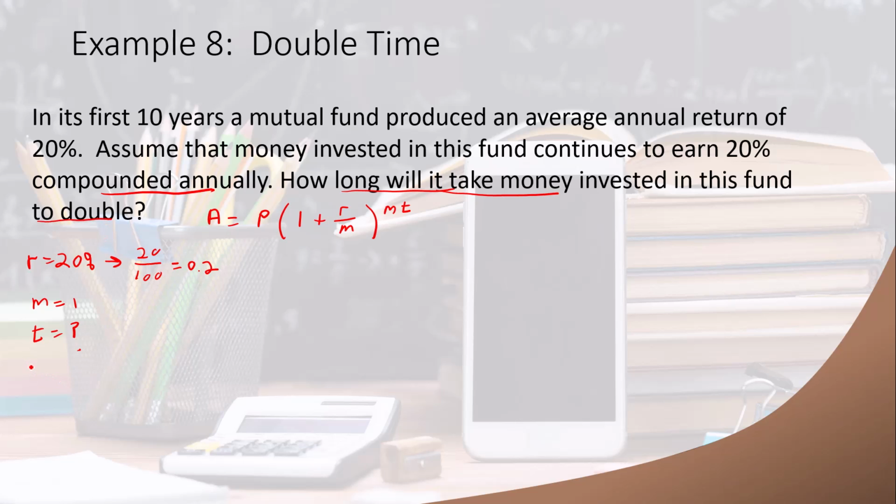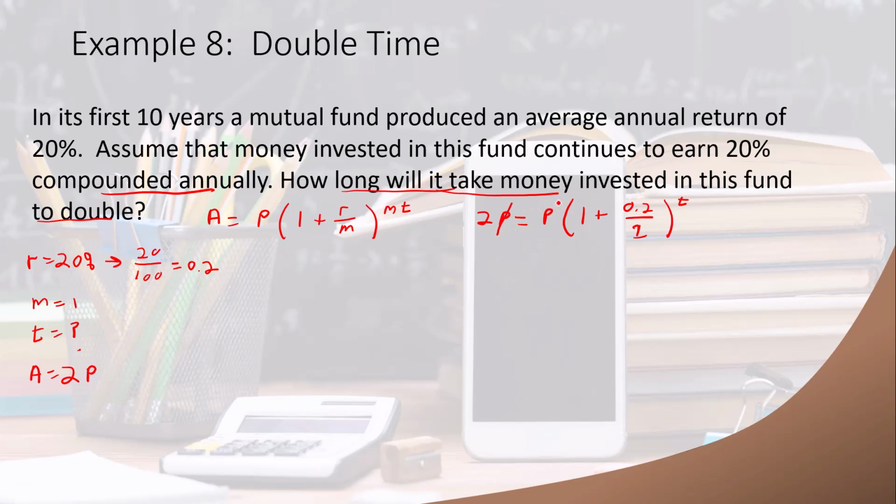So that means that it doubles when A, your future value, is equal to twice the present value. With all that in mind, we are going to have 2P, that's what A is equal to, P times 1 plus 0.2 divided by m, which is 1, all that raised to the t power. Now, notice that I have a P here and a P here.